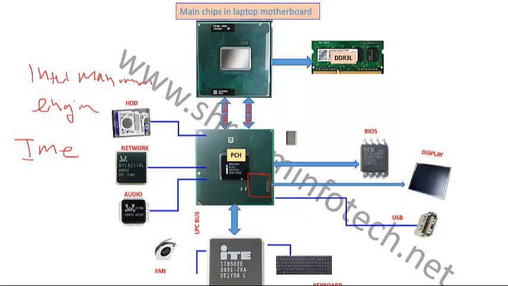Now, this is our main BIOS. Suppose my main BIOS is 4 MB. Then that BIOS has 4 parts.